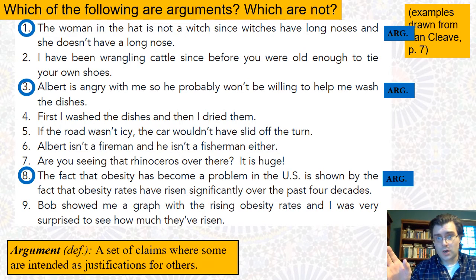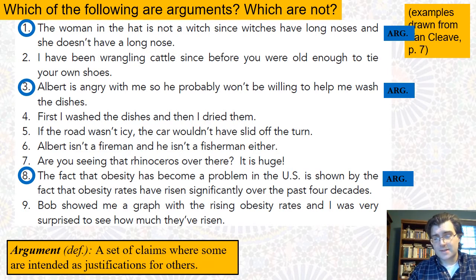The conclusion of the argument would be the woman in the hat is not a witch, and there are two pieces of evidence being offered in support that are working together to support that conclusion. One is that witches have long noses, and this woman doesn't have a long nose, so that is supposed to convince us that the woman is not a witch. Here is a case where some of the claims in the passage are being offered as evidence for another of the claims. Therefore, this is an argument.